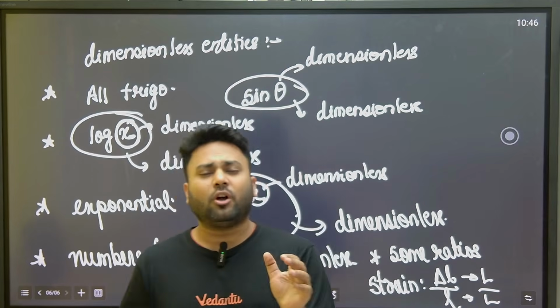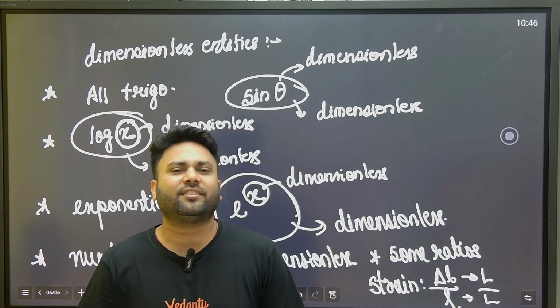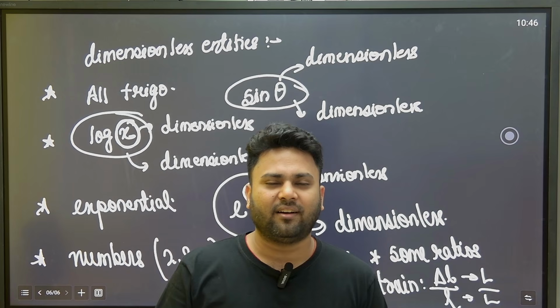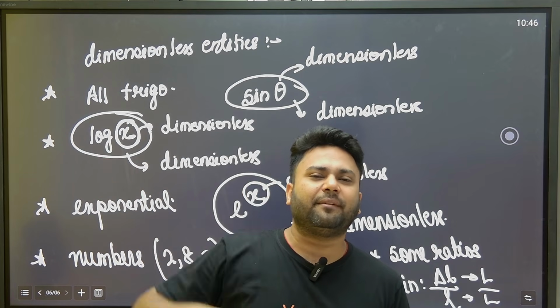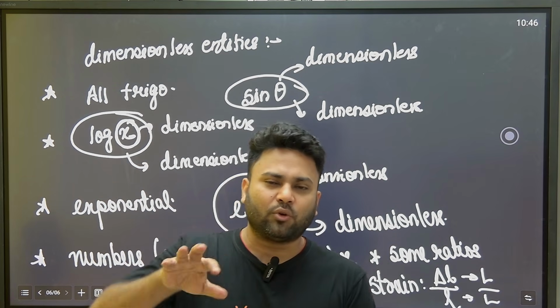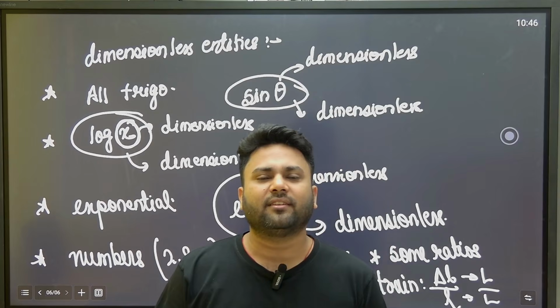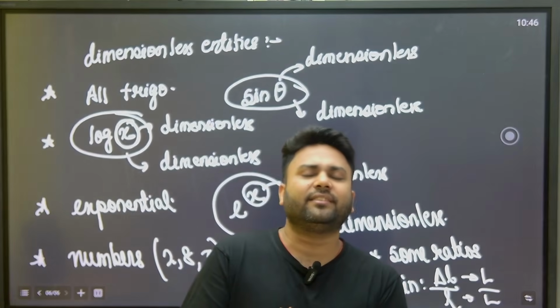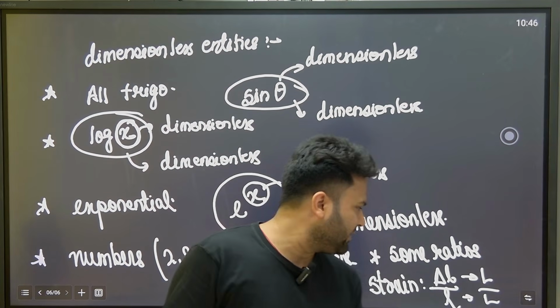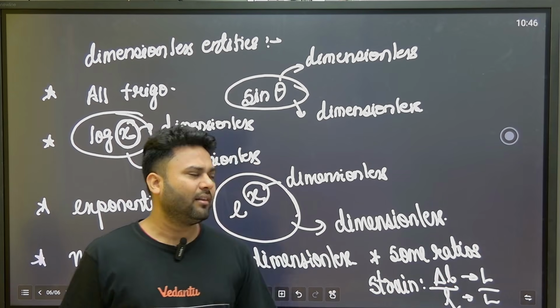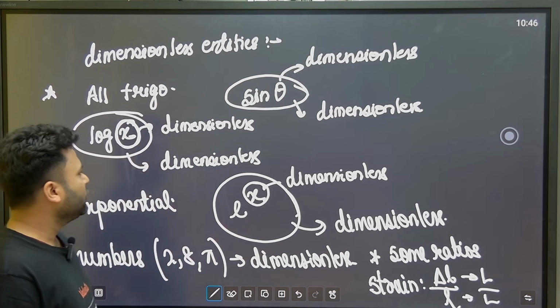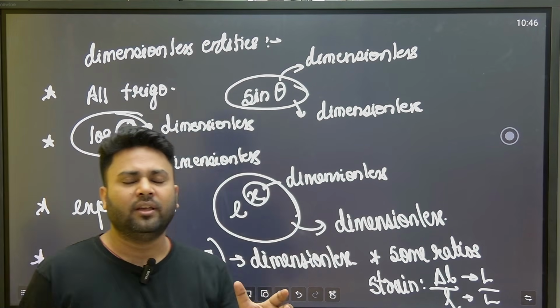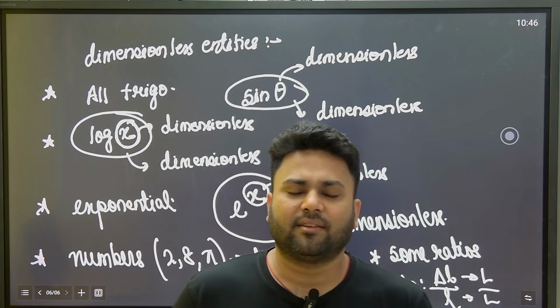So some ratios, not all the ratios. If you say stress, stress is force by area. Force has some dimension, area has some different dimension, so overall we will get one dimension. But the ratio of two entities having the same dimension will also be dimensionless. So these are the things we have to be careful about. These are dimensionless. Correct?